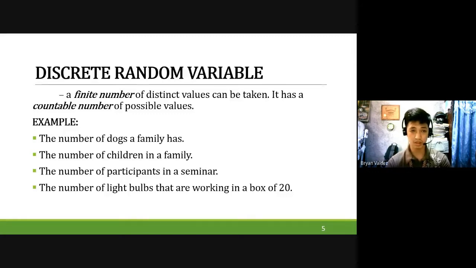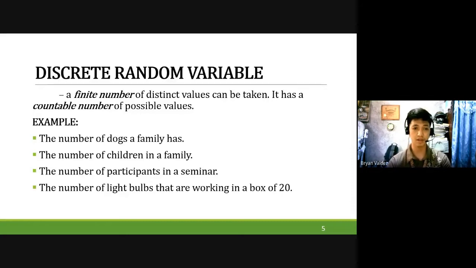One characteristic of a discrete random variable is that it is countable. Meaning to say, nabibilang natin. Kumbaga, unique characteristic ng discrete random variable is we can count yung mga variables or possible values dun sa isang experiment.